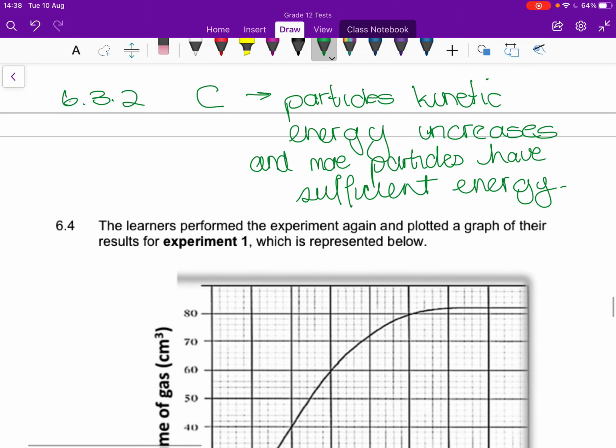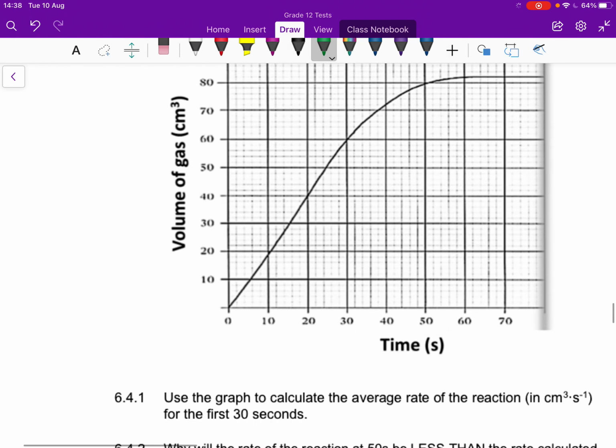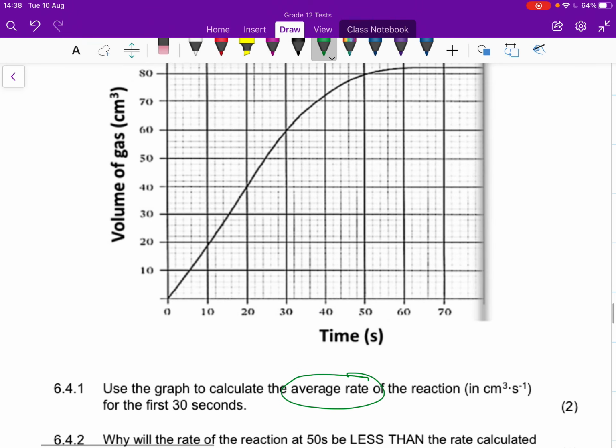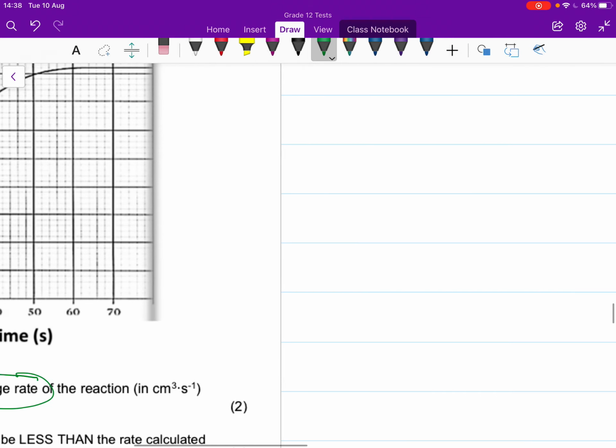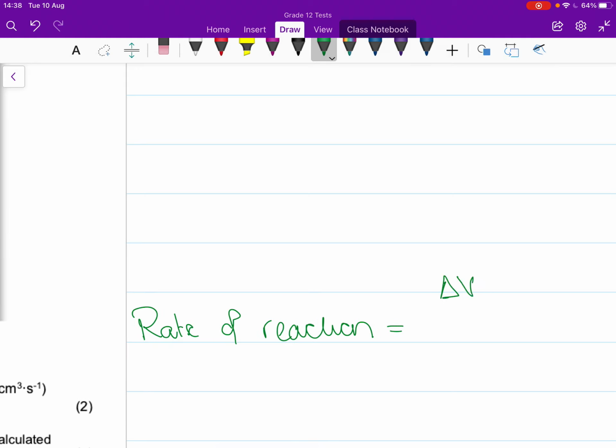The learners performed the experiment again and plotted the graph of the experiment for experiment 1. So here's our graph. First thing it says, use the graph to calculate average rate for the first 30 seconds. Now the first 30 seconds is to here. That means I want the gradient of the graph. It's close enough to a straight line. Okay, we take an average gradient. So the rate of the reaction is the change in volume over the change in time.